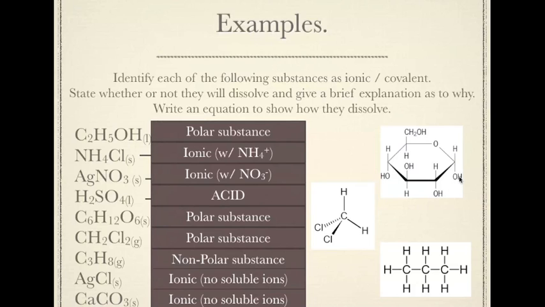Wherever you have an OH in an organic compound is a polar region, so it's going to be a polar substance, so it will dissolve. And dichloromethane is a polar substance as well. You can see it's not a symmetrical molecule, so you'll have more of a negative region where the chlorines are, and more of a positive region where the hydrogens are over here.